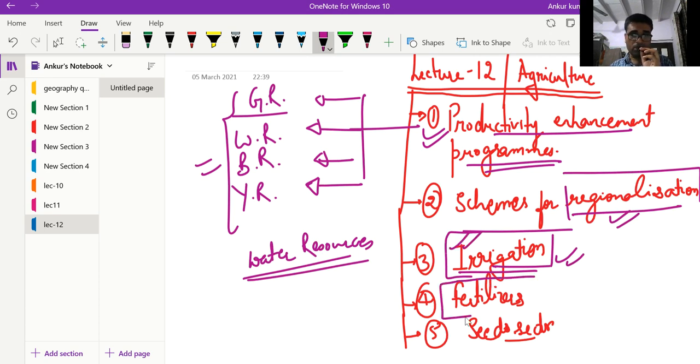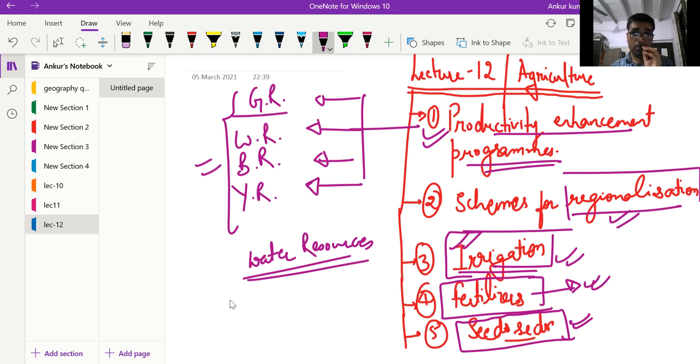The fourth topic is the utilization pattern of fertilizers in India, right? This is also an important one. And the fifth one is the seed sector. We will discuss the seed sector in India. So this is part 2 of agriculture, and these are the topics that we will try to cover.